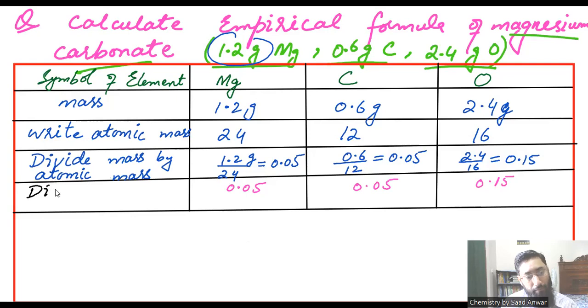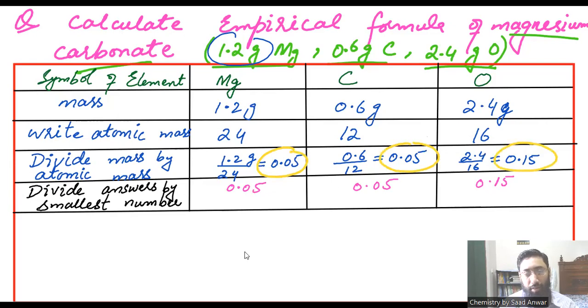Among these three numbers, obviously 0.05 is the smallest, so divide these with 0.05.